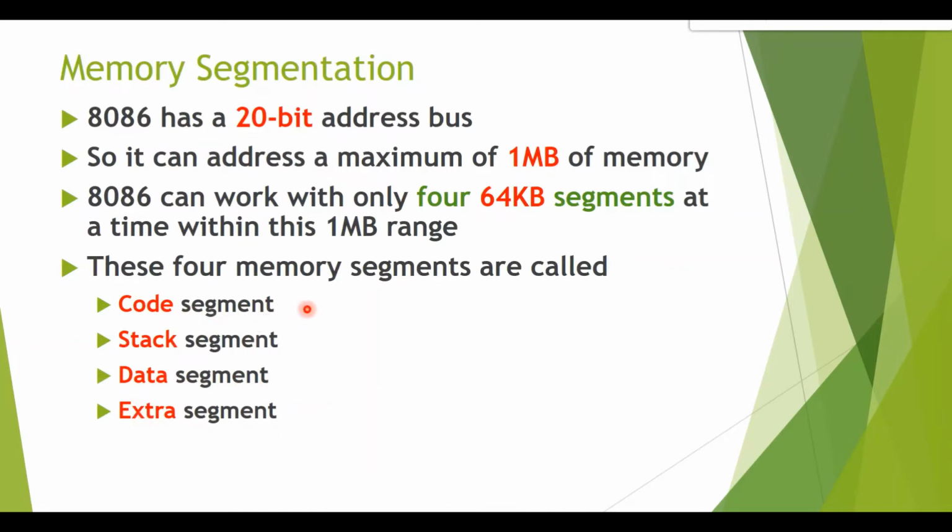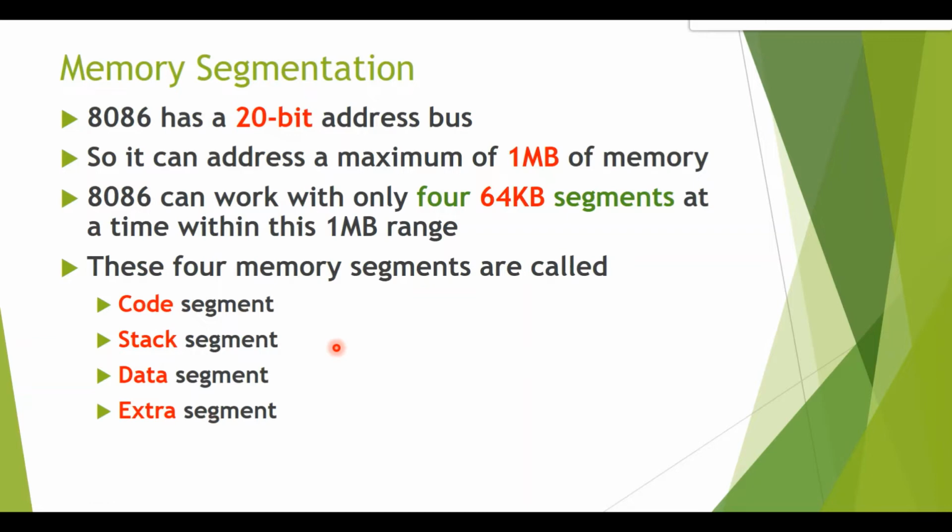So we have the 4 code segments here, we have the 4 stack segments, we have the 4 data segments and we have the 4 extra segments. So in total we have 16 segments. Now out of these 4 code segments, only one code segment will be active at a time.